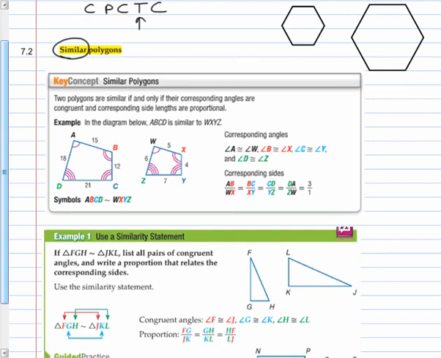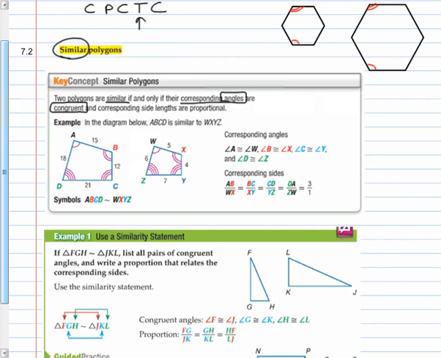If we have two similar polygons of any shape, their corresponding angles are going to be congruent, just like the congruent ones. Whatever angle in one corresponds to the other, those are exactly the same size, etc.